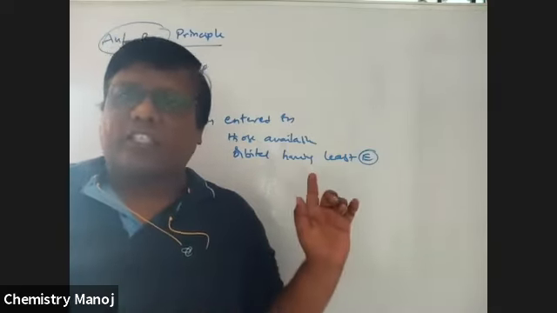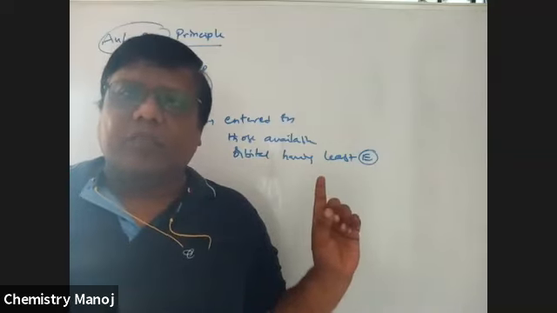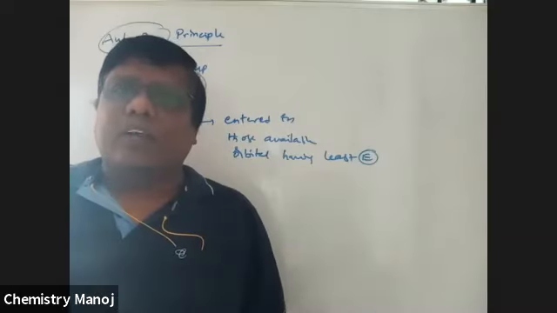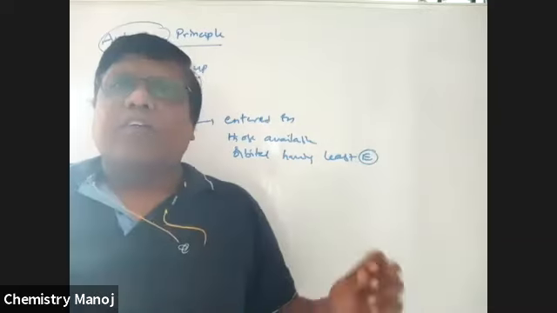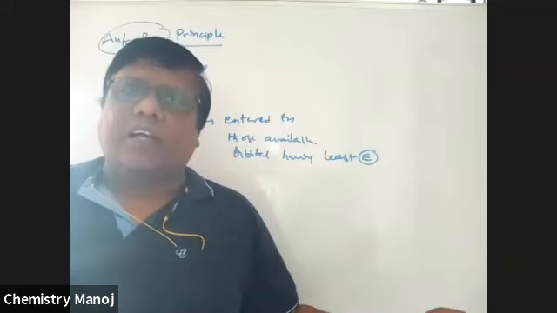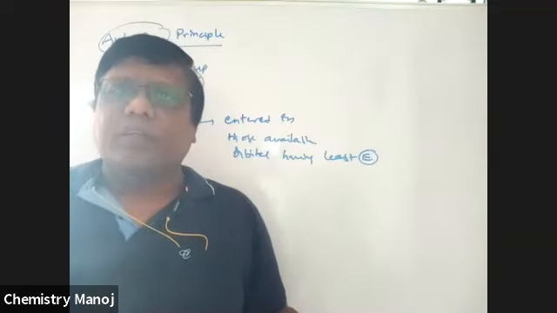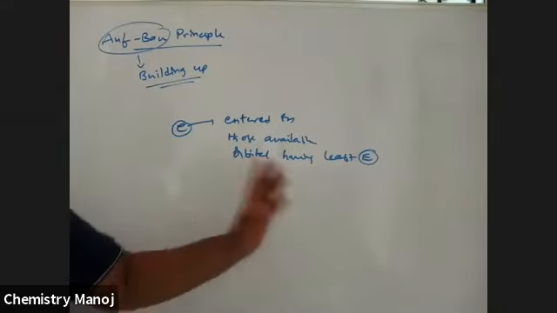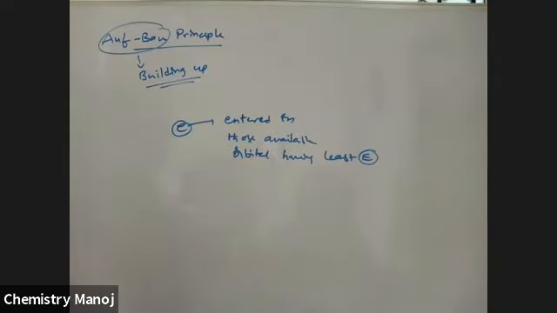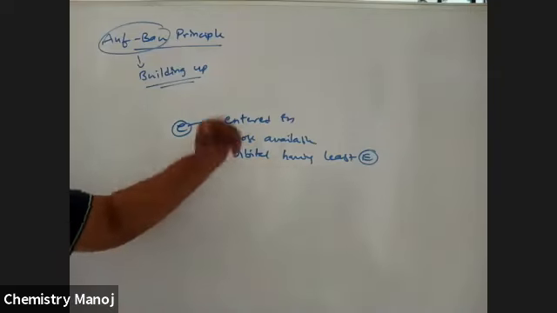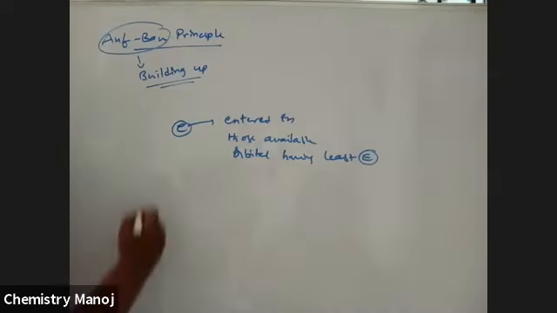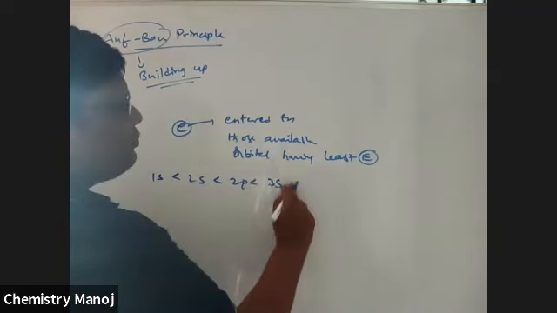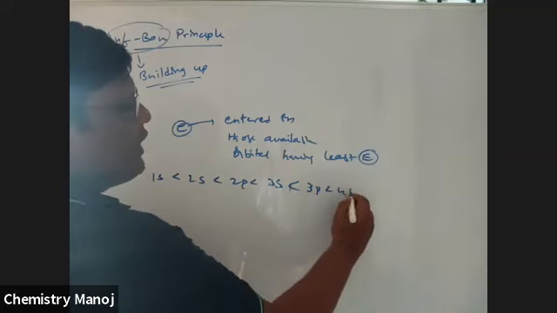Using the diagram, n plus l rule or n rule, you can decide which one has less energy and which one has more energy. The first electron enters the orbital having less energy. That is the Aufbau rule, and it is very, very important. Already I completed that diagram. First the low energy orbital is filled, and then the high energy orbital. Now the energy order is 1s less than 2s less than 2p less than 3s less than 3p less than 4s less than 3d.